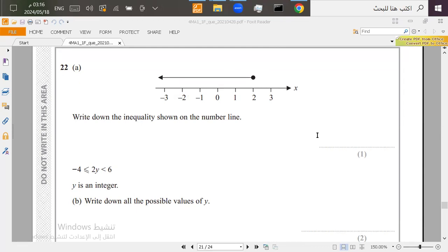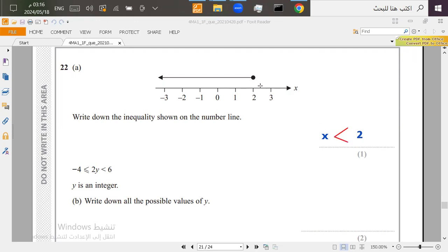So we're going to write x here, and we can see that it starts with 2, so we can write 2 here. Now, these numbers here, they are going that way, so they are smaller than 2. It means that x is smaller than or equal to 2, like this.